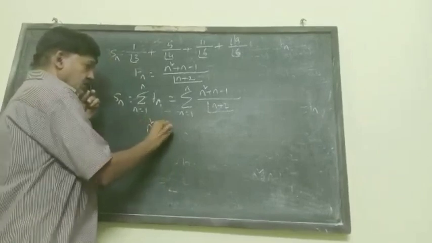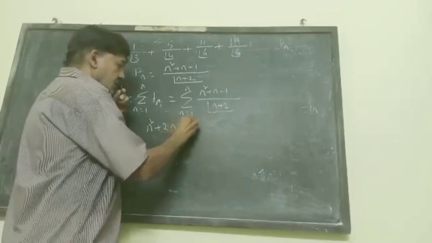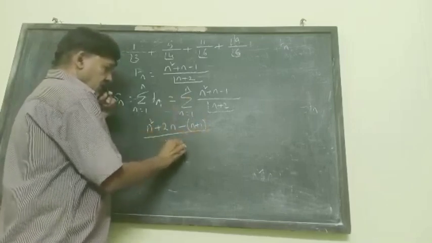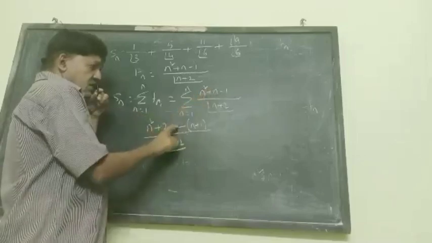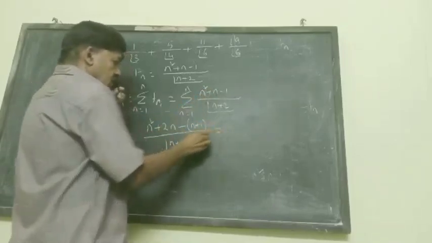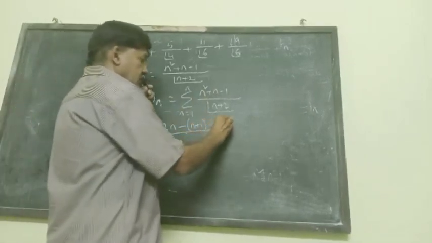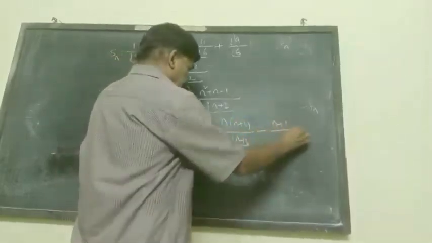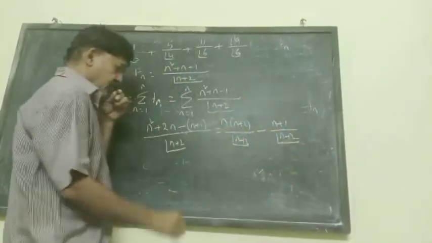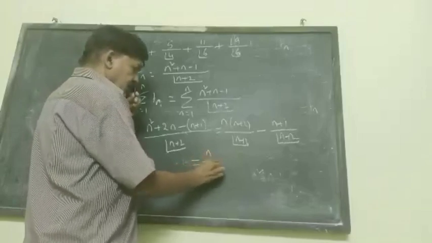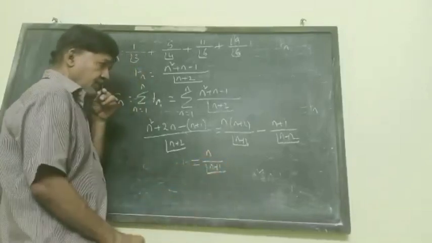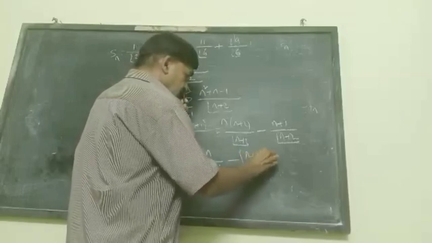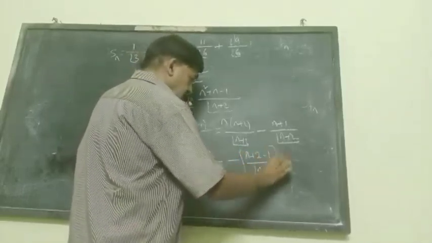N square plus 2n you put, minus of n plus 1, by factorial n plus 2. So this is 2n minus n minus 1. You write this as n into n plus 2 by factorial n plus 2 minus n plus 1 by factorial n plus 2. This is as good as n by factorial n plus 1, minus, this can be written as n plus 2 minus 1 by factorial n plus 2.